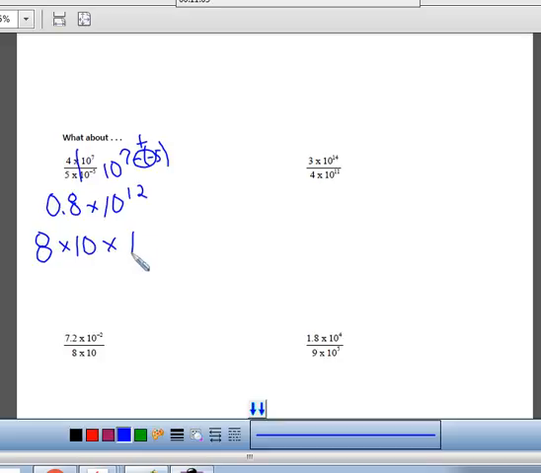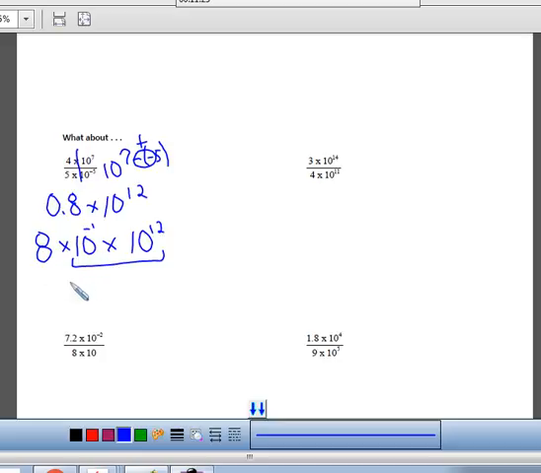Now I'm going to combine these, and I get an answer of 8 times 10 to the, actually, it should be 10 to the negative 1, because 8 times 10 is 80.